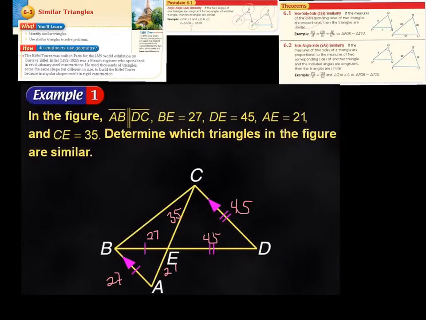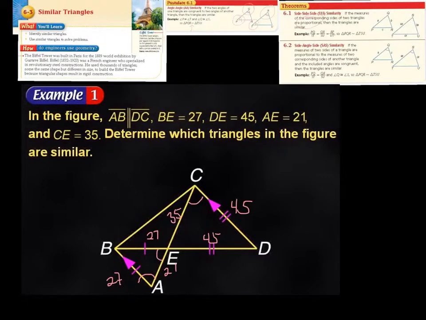Well, it would be the two isosceles triangles. So we could use the parallel lines to say that if AB is parallel to DC, then alternate interior angles must be congruent. So angle BAC must be congruent to angle DCE by alternate interior angles.